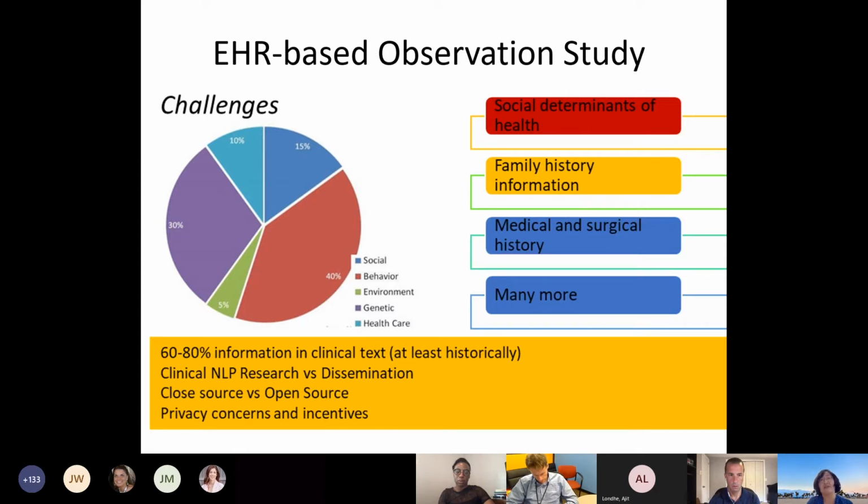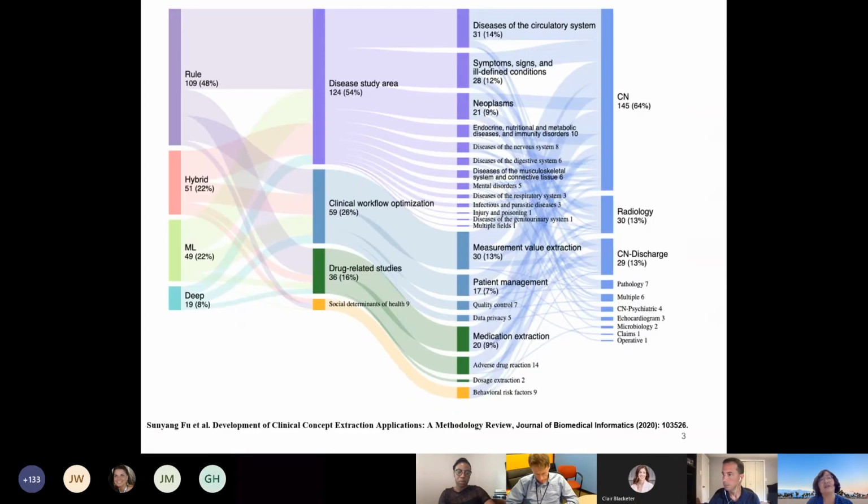And those information are critical for phenotyping and for all the other effort, but you cannot easily assert them from the structured data. And so we did some review of natural language processing, or clinical concept extraction from clinical unstructured text, how this is being used, and what are the approaches people are using.